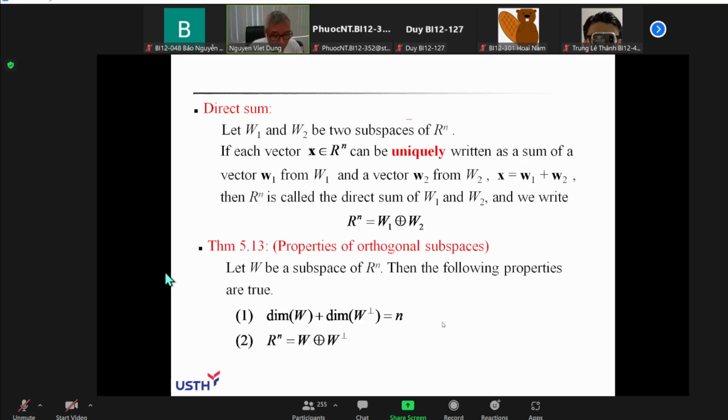The second: Rn is always the direct sum of W and its orthogonal complement. And as we said already, if we take the double orthogonal complement, you get back to the subspace itself. So those are the properties of orthogonal subspaces.